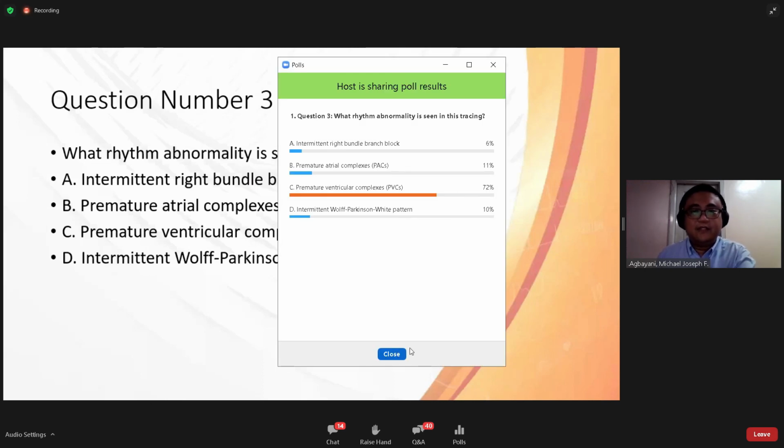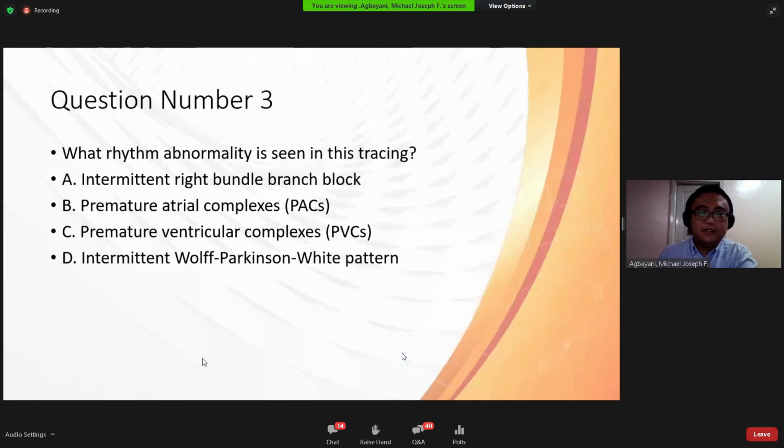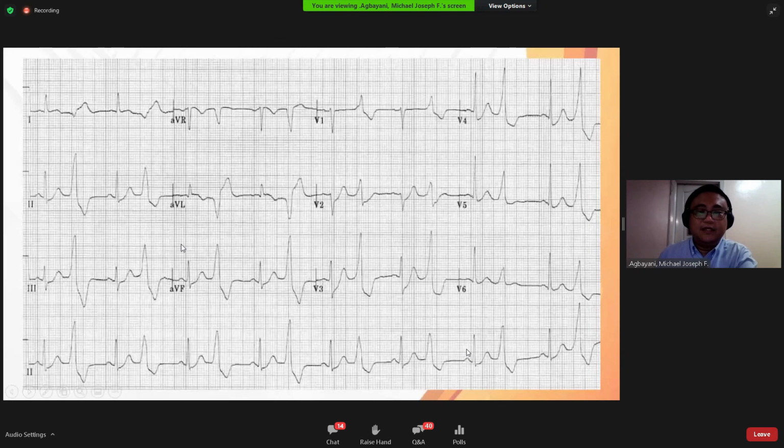A lot of you, 72%, answered premature ventricular complexes, which is the correct answer. Let's go back to the ECG, and you can see there are sinus beats. There's a normal looking P wave followed by a narrow QRS. Then what follows is a wide complex beat that's bizarre looking.